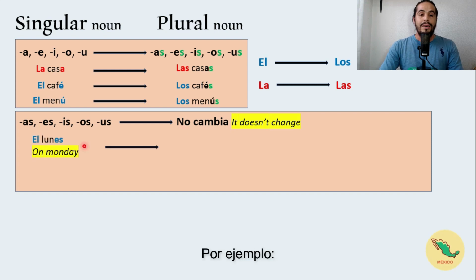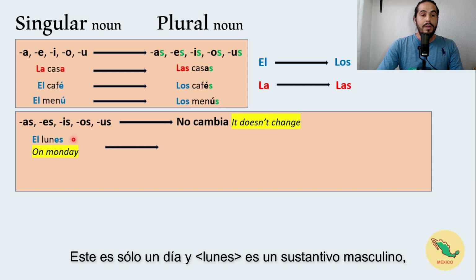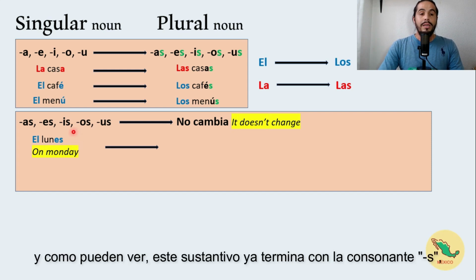For example, you have el lunes. It means on Monday. So this is one day, and lunes is a masculine noun, and as you can see, it already ends with the consonant s.